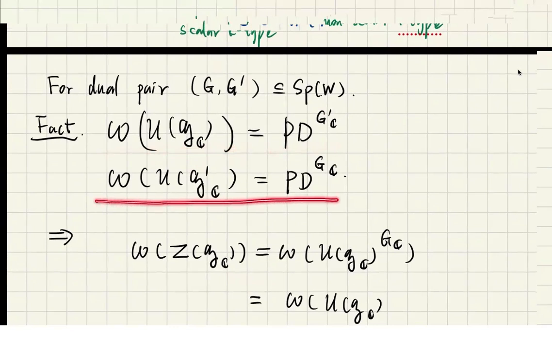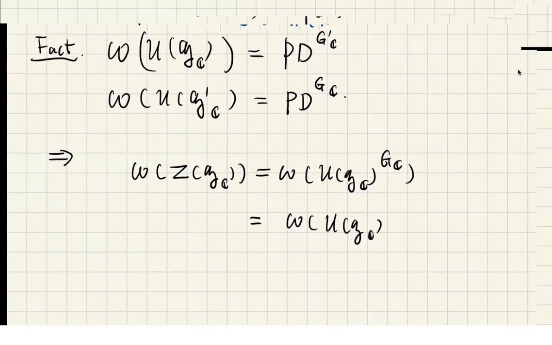And the image of U(g'_C) is the G_C invariants of the polynomial differential operators. So the center of, say, U(g_C) is nothing but the G_C invariants of U(g_C).